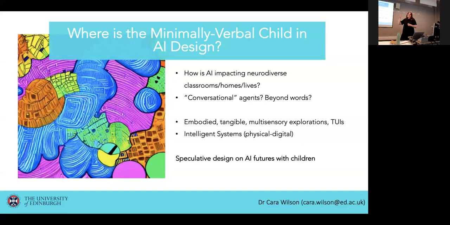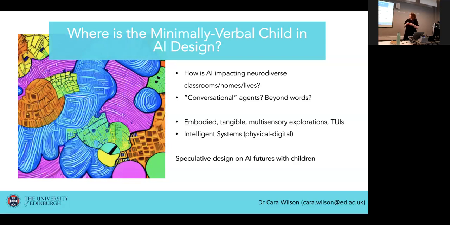What does it mean for a person to interact with a conversational agent when they don't communicate through verbal conversation? These are some of the most common forms of AI present in children's lives, like Siri and Alexa and things like that. What does it mean to have these easy to engage with technologies, but when you can't use the modality that's being suggested?